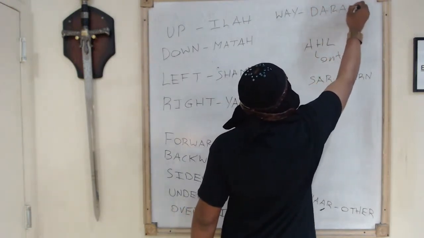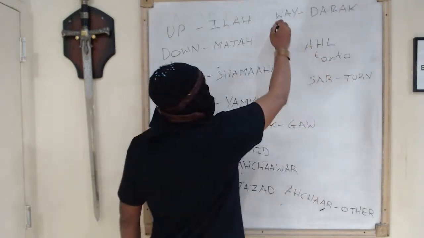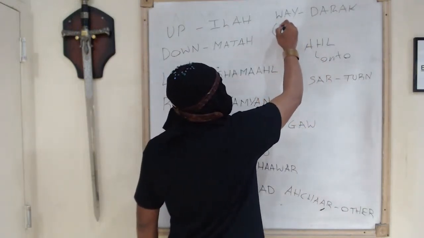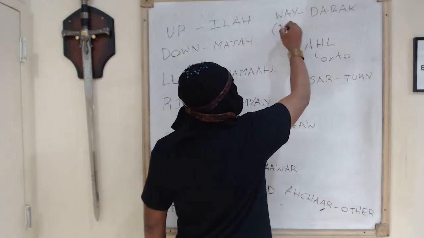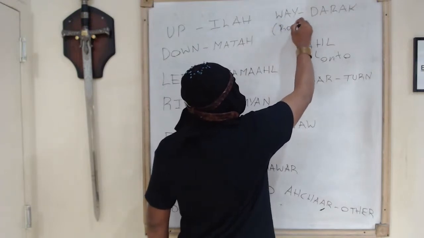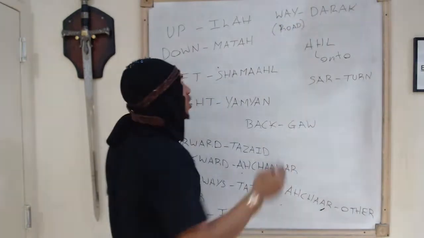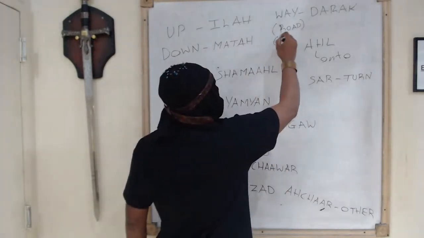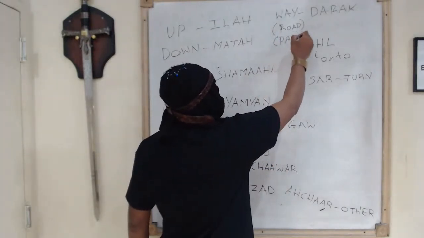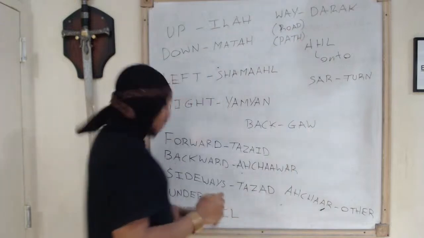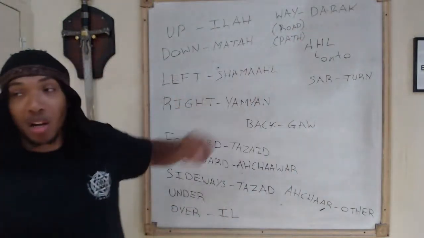Way is the rock. Right? The rock. And that way could be street, road. I'll put more like road. Along the way, they all support is a path. You see that comes as a path, a way, a road, right? The rock.